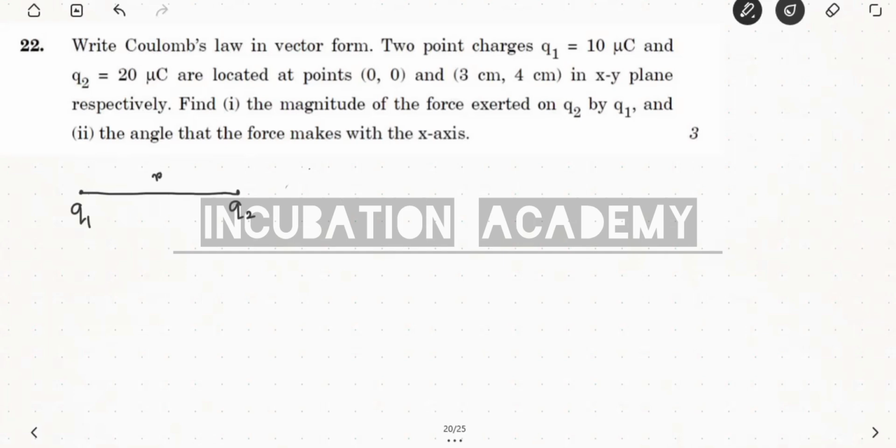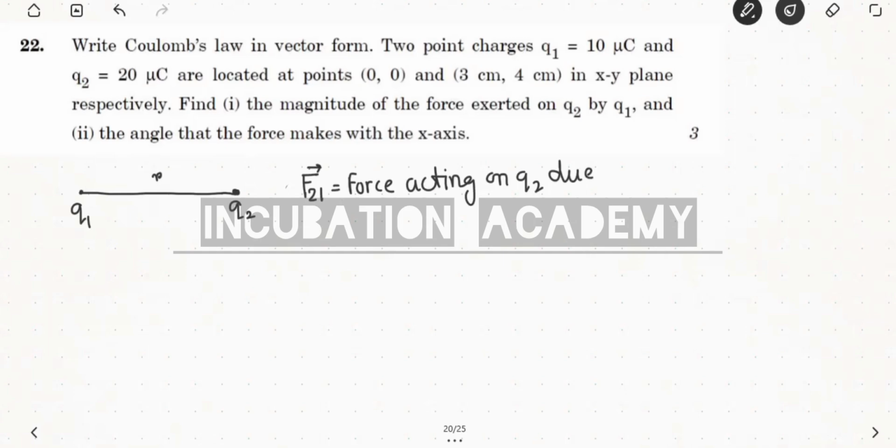But when we try to write Coulomb's law in vector form, we will see what is the force acting on the charge Q2 due to the charge Q1. So I am writing the force acting on Q2 due to the charge Q1.